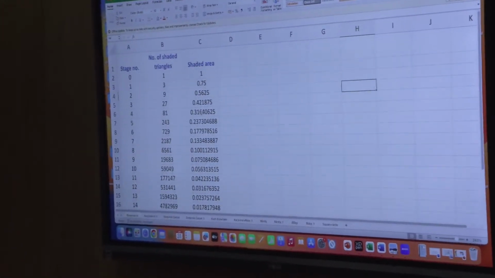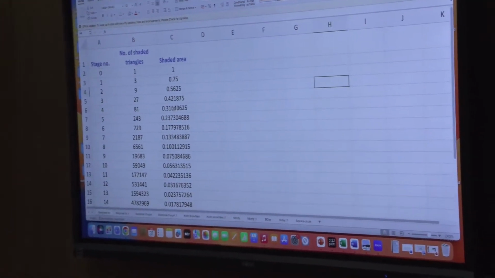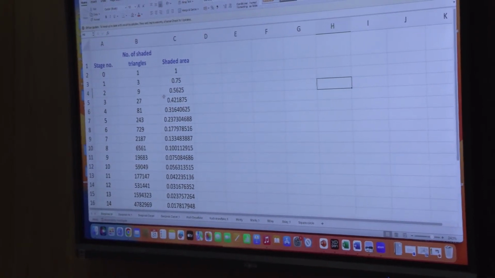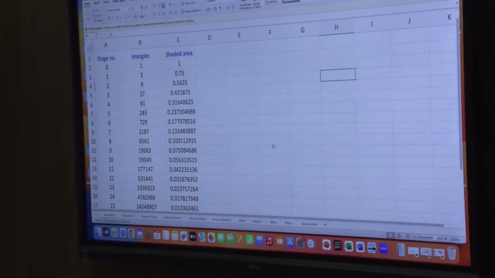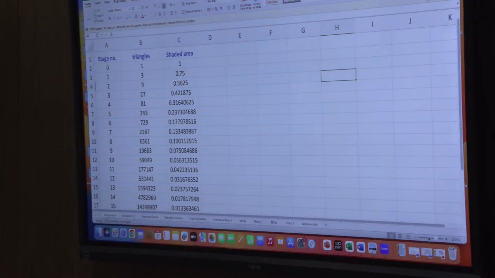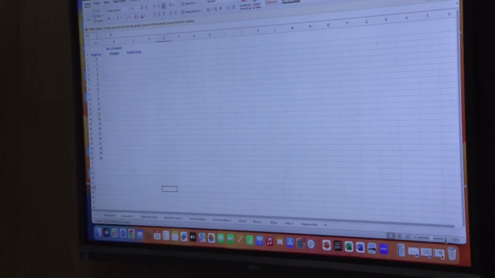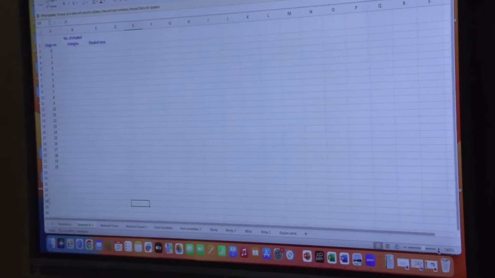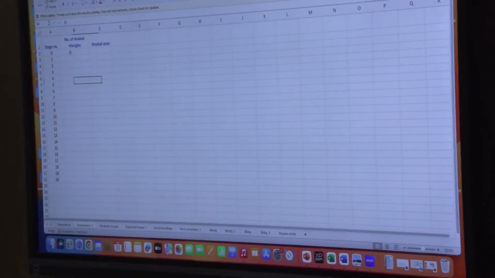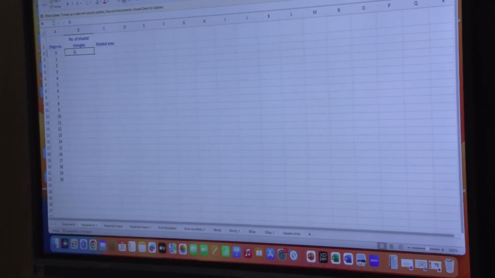One of the things is that with the pictorial approach, you can't go up to a very high stage. But if you want to really understand what's going on in the long run, it may be good to just write the stage numbers and use a simple formula. If you have access, you can just try this. It's very simple. You just have one column of numbers 0 to 20.